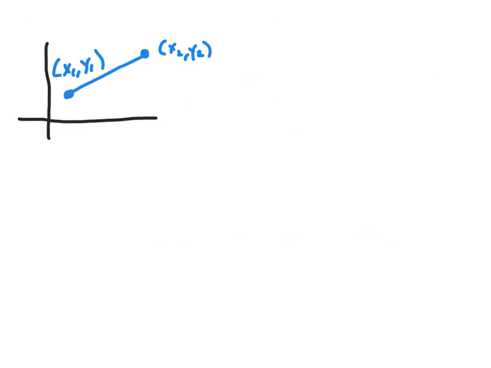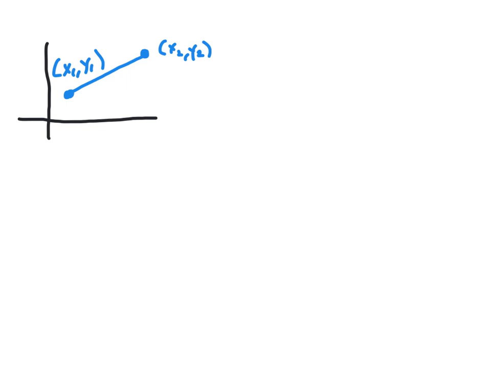Here we see a line segment in the plane with one endpoint at x1, y1, and the other endpoint at x2, y2. You might remember there is a distance formula that will allow us to compute the distance between 2 points in the plane.